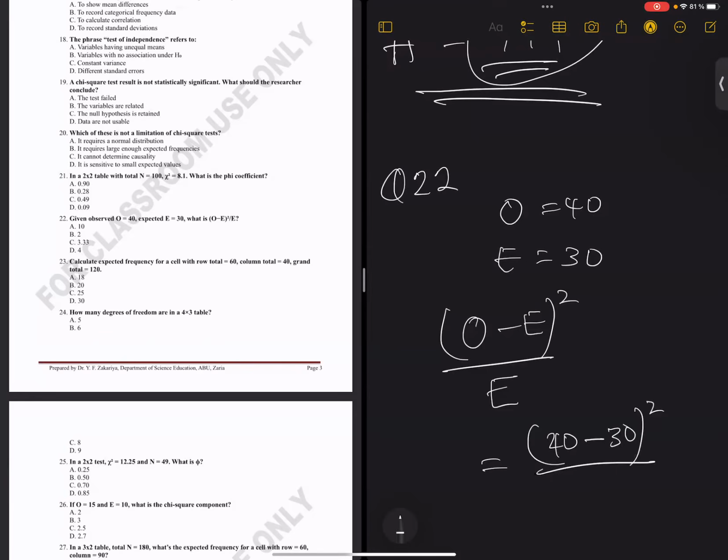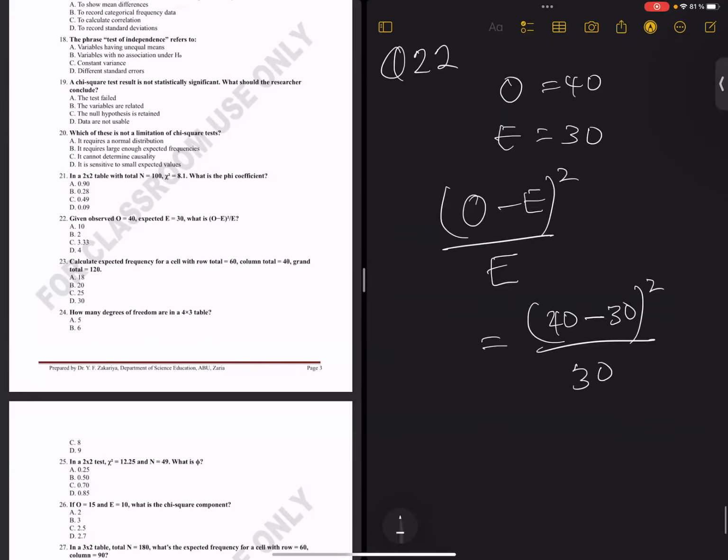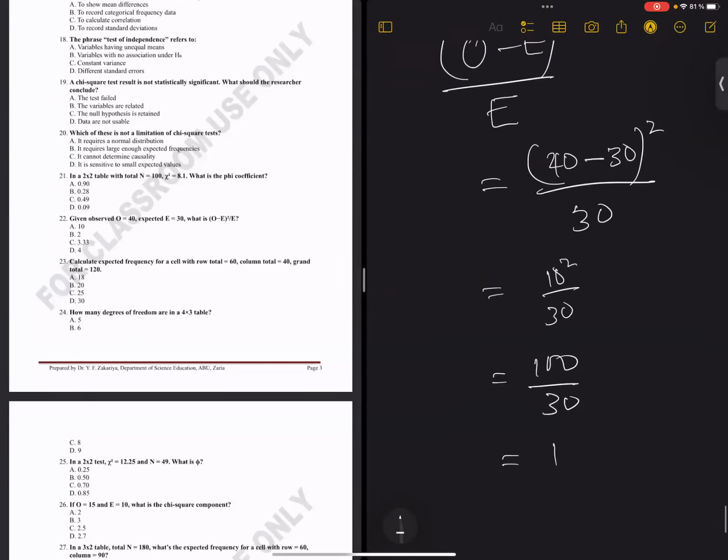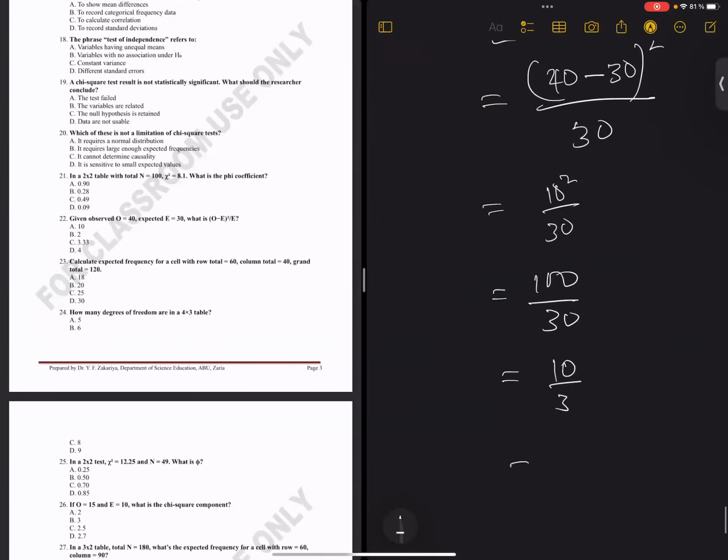Square it divided by E, 30. 40 minus 30, 10. 10 squared divided by 30. 100 divided by 30. 10 divided by 3. 3.33 and so on. So the answer is 3.333. The answer is C. Okay. Which one is it? 22.